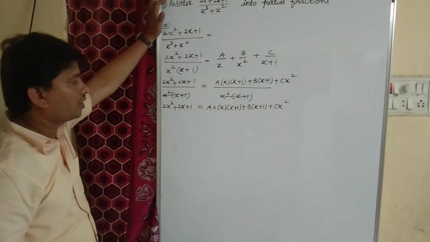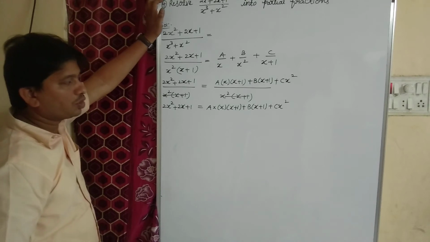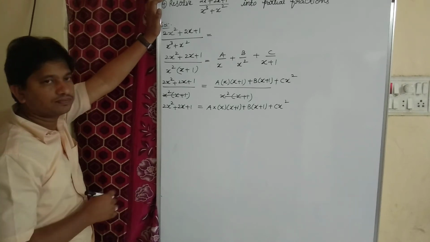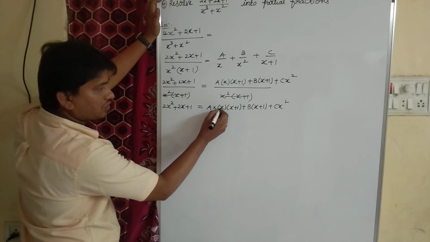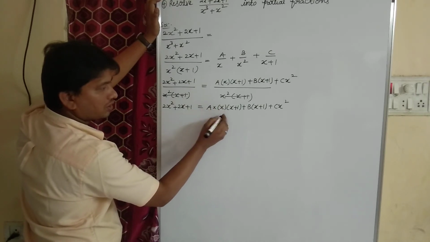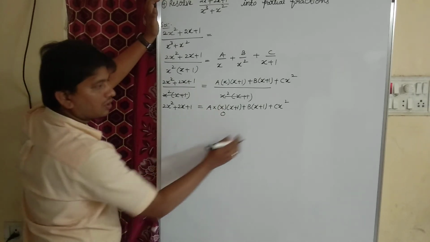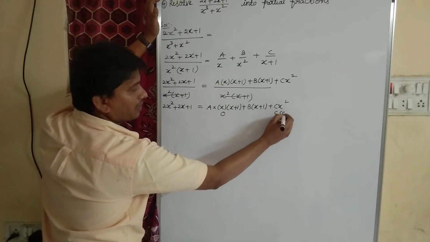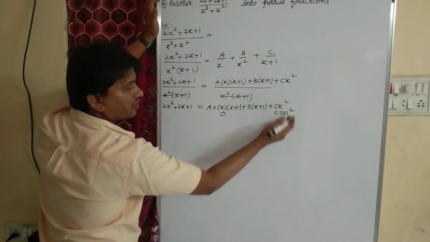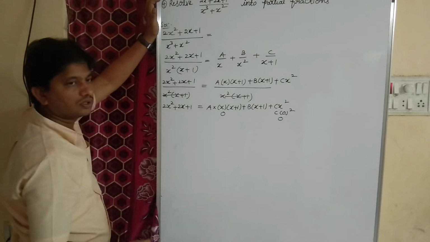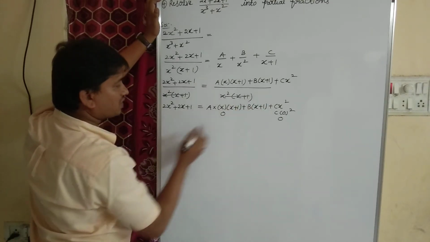Right? Now what I want to do, I want to put in the place of x, 0. Suppose if I put x value 0, a into 0, this term will become 0. Now c into, in the place of x if I substitute 0, 0 square means 0 only, this term also 0. So you will get the value of b, children. Okay.